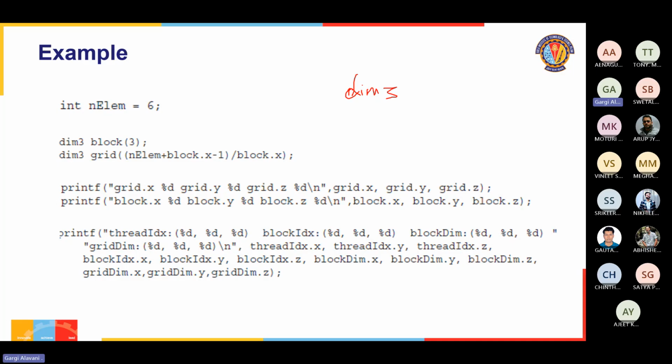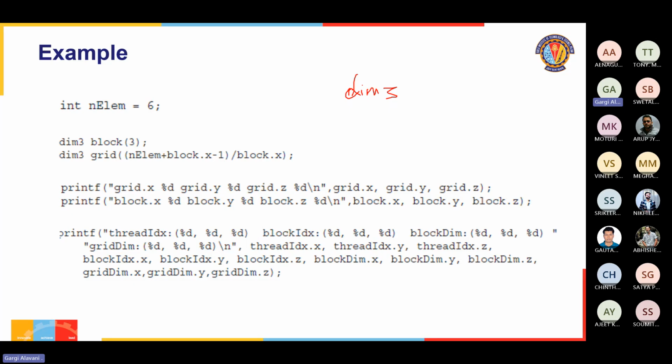Or when you're doing an image processing program, say calculating the intensity, the histogram, or applying grayscale, where each pixel has 3 different values, you might need 3-dimensional data, so a 3-dimensional grid.